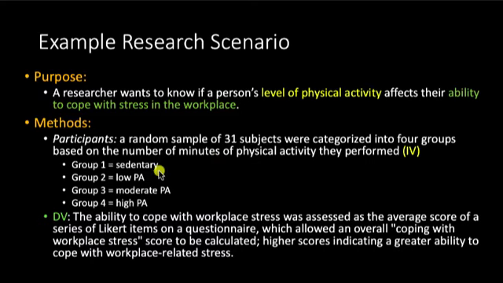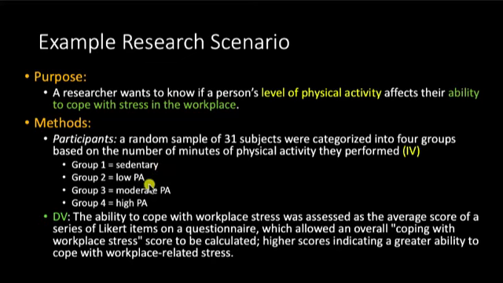So in this case, we are dealing with 4 independent groups, or we have a between subject independent variable for our physical activity levels. And that means that people in the sedentary group are not included in any of the other groups.